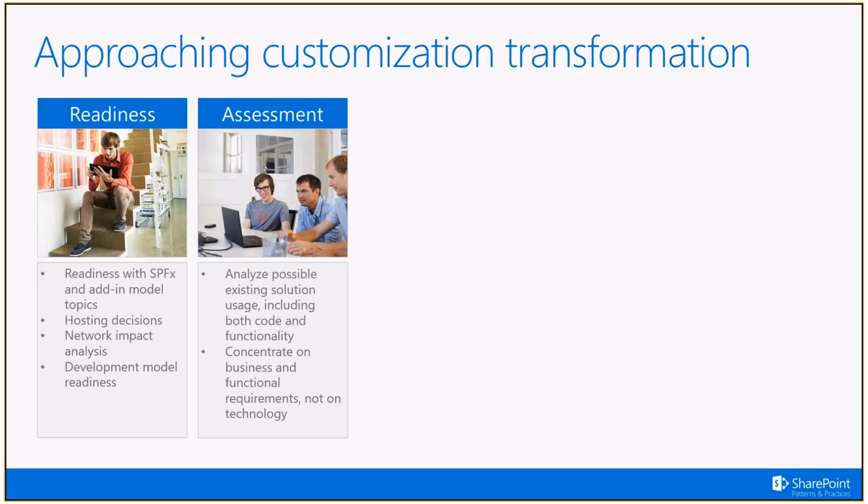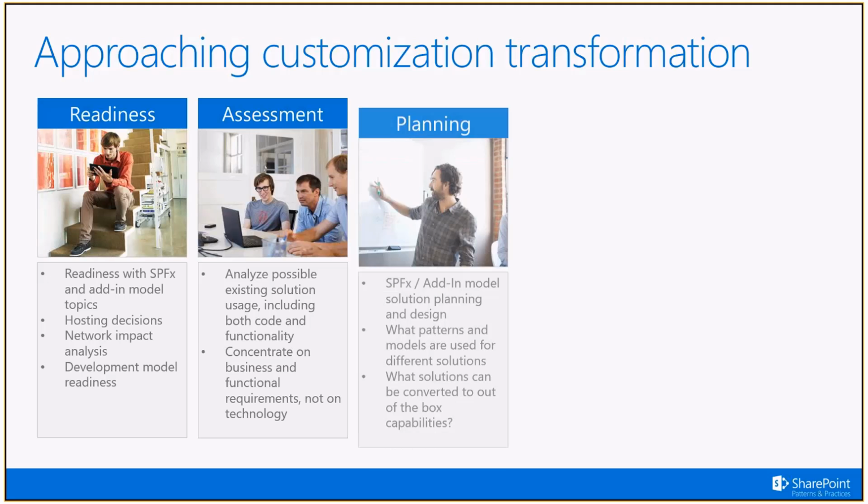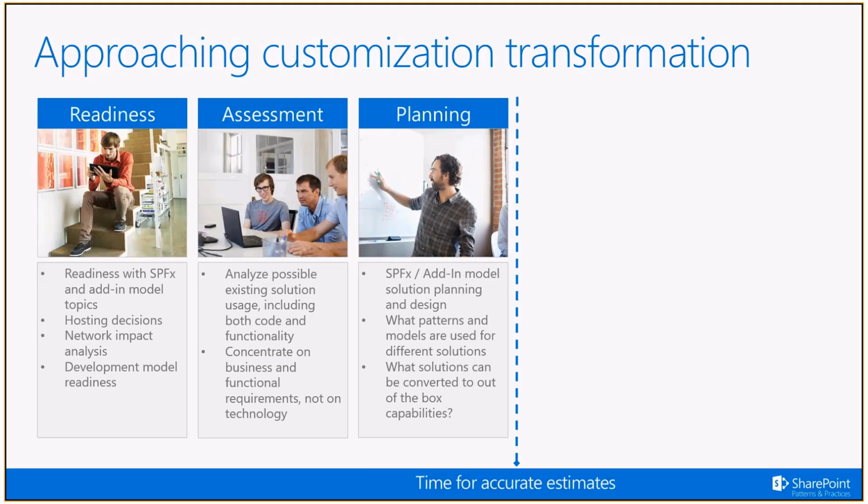So understanding and assessment, no doubt, number one thing. And like mentioned, concentrate on functionalities, not on the technology. Why is it there? What is it actually doing? And when you have that, you understand what's available, what the usage scenarios are, how people are using these things, then we can actually do the initial set of planning.